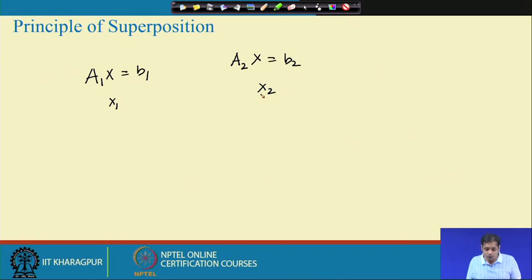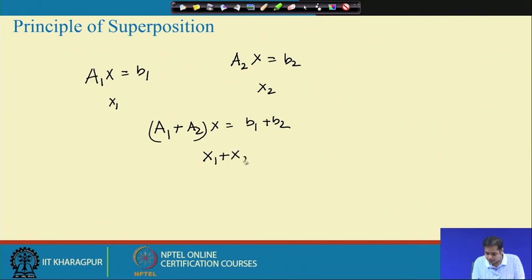Now, the linear principle of superposition says that if you have a system a1 plus a2 times x is equal to b1 plus b2, then the solution will be x1 plus x2, and you all know this. That is what linear superposition is.